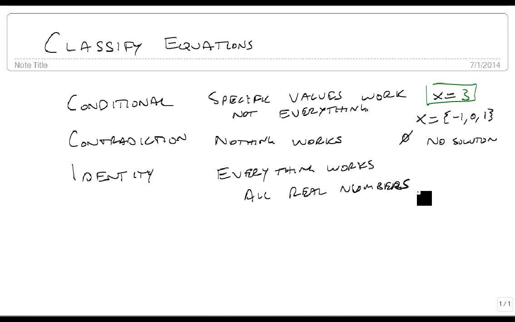So let's talk about how we recognize when something is a conditional, a contradiction, or an identity. And the idea is we're going to solve, just like we've solved everything else, solve the equation. And when we get to the last couple of steps, we'll know exactly what type it is.